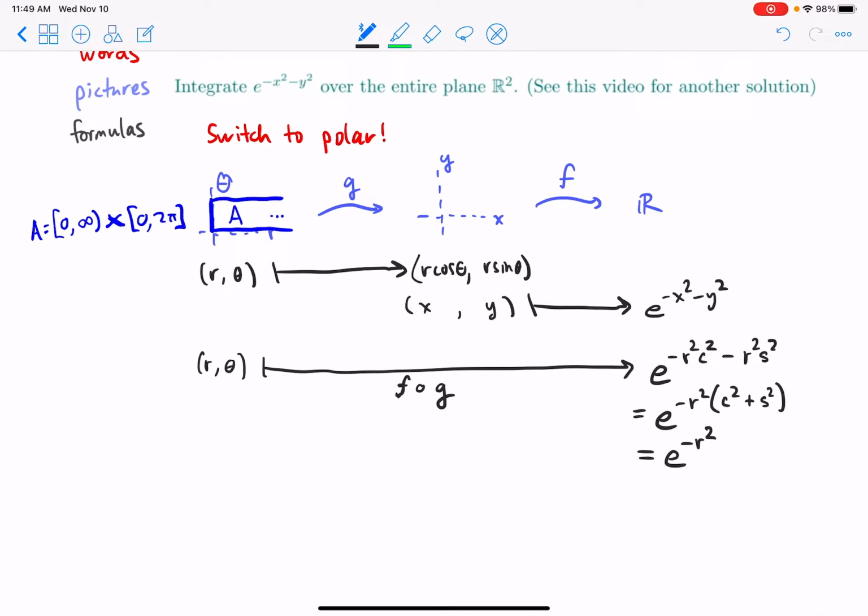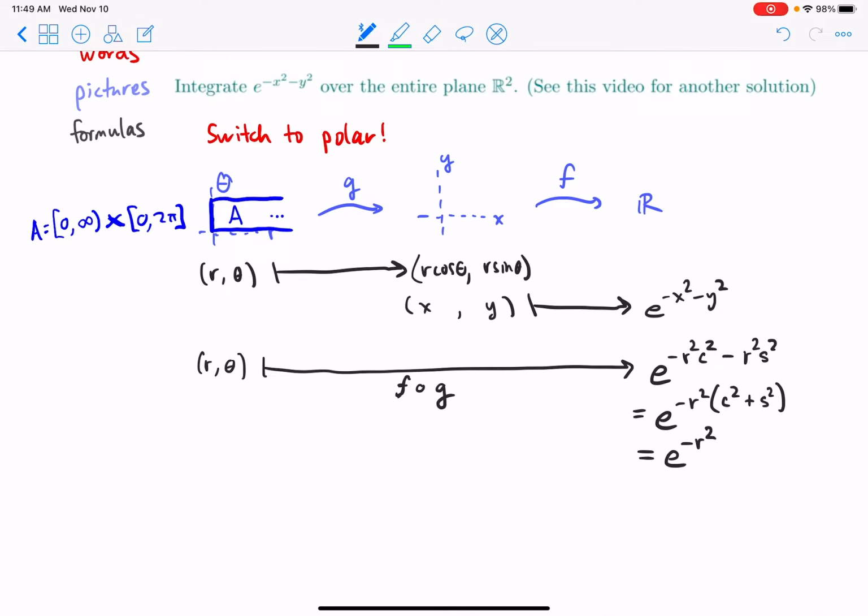But we have to correct for the volume. So we multiply by the volume correction factor, or the change in volume factor. And these are equal. So wonderful. Now we just need to figure out this volume correction factor.